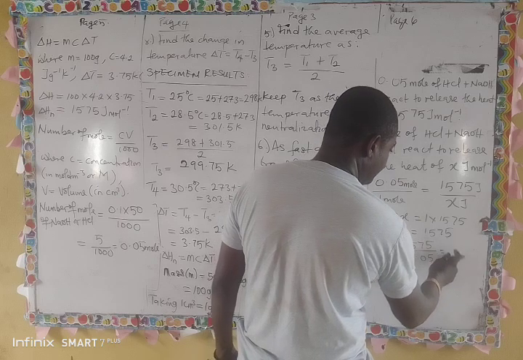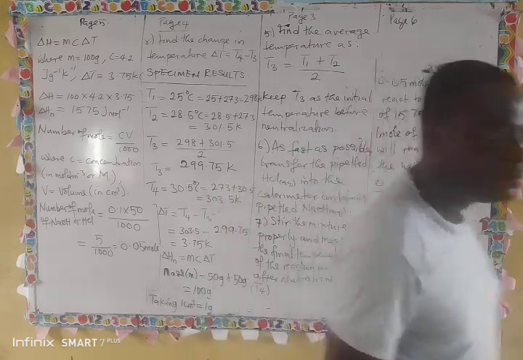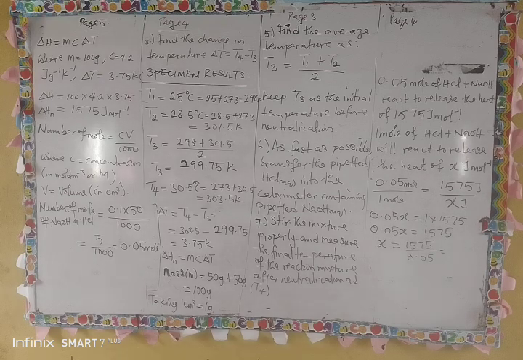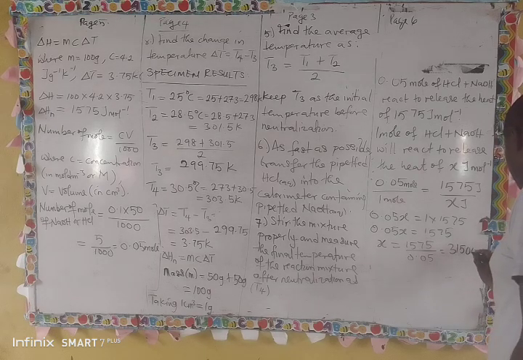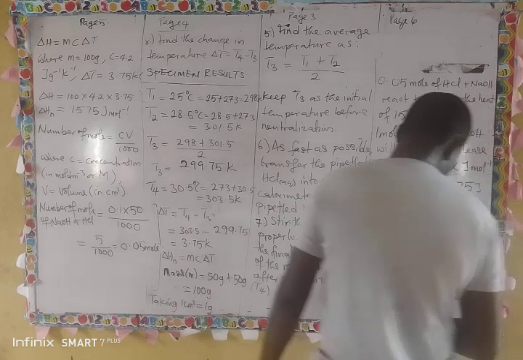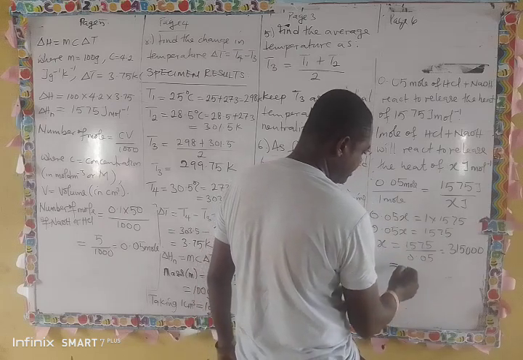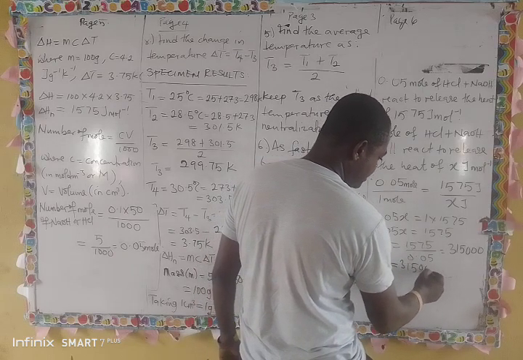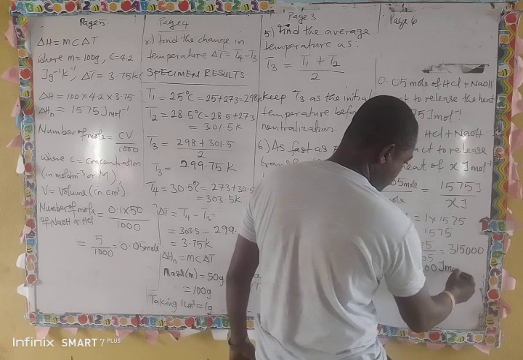What's our answer there? Press. 1575 divided by 0.05. What's our answer? 315,000 joule per mole.